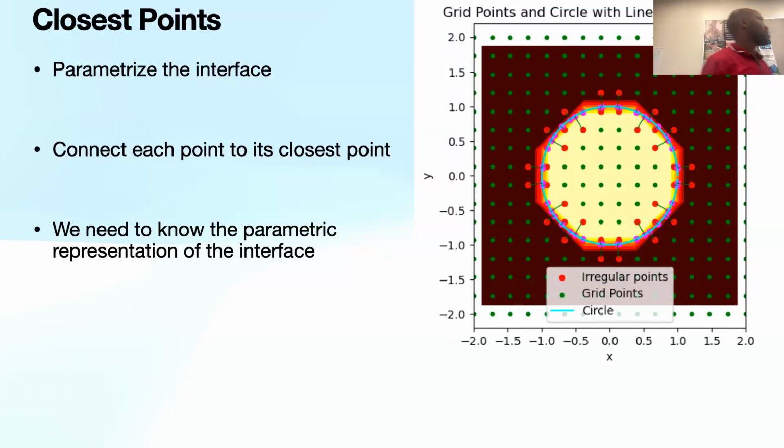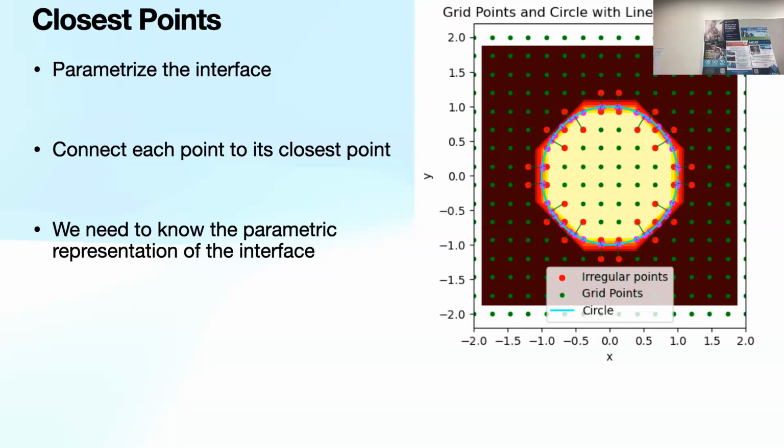Well, we need to parameterize whatever interface we have. For now, I'm using a unit circle, but that won't be the case for our problem. It will be complicated, any shape, because we shall not have an ordered system. So I parameterize the curve.